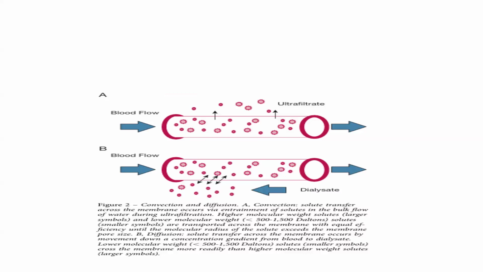The higher molecular weight solute, represented by the larger symbol, and the lower molecular weight solute are transported across the membrane with equal efficiency until the molecular radius of the solute exceeds the membrane pore size.